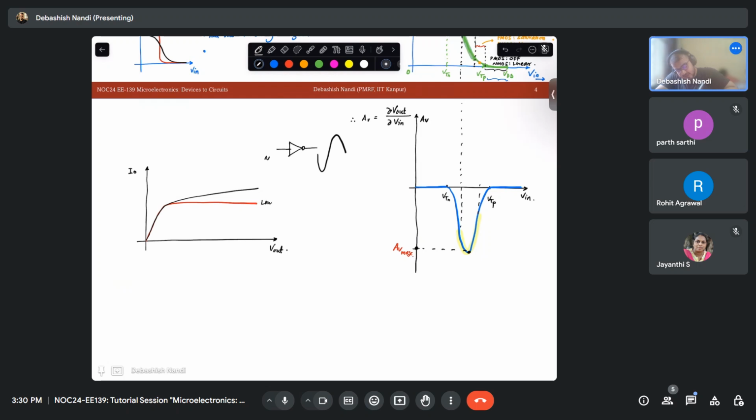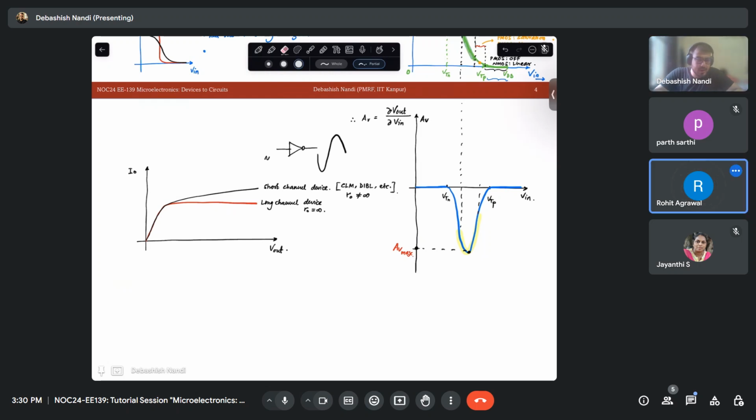This is a long channel device and this is a short channel device. So there will be channel length modulation, drain induced barrier lowering, etc., which makes your R out not equal to infinity. But in this case, your R out is equal to infinity.